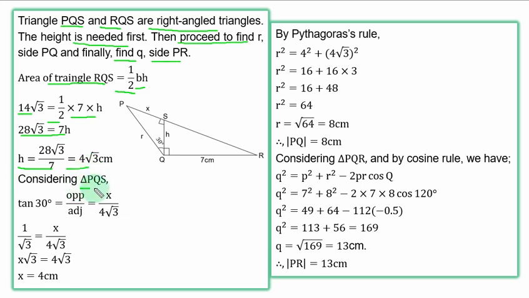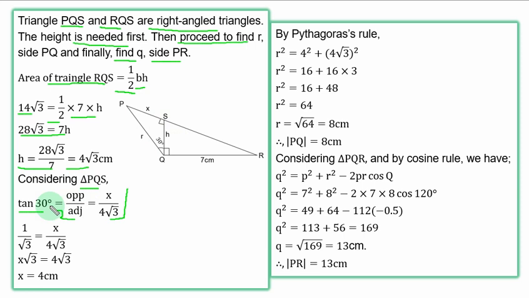Considering triangle PQS, tan 30 degrees is equal to opposite over adjacent, and that is s over 4 root 3. In this triangle now, this is the acute angle. You have this as hypotenuse, this is opposite, and the height is adjacent.